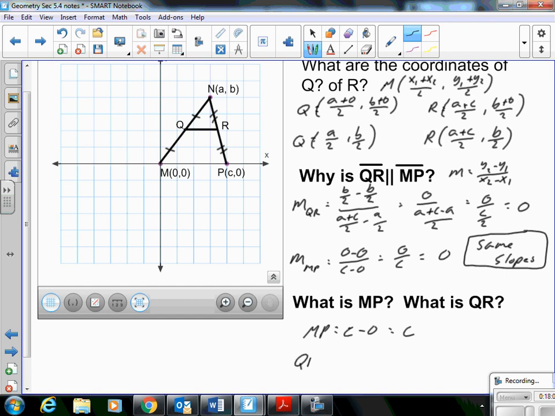And QR, the difference in the x's is going to be a plus c over 2 minus a over 2, or (a plus c minus a) over 2, which those a's are going to cancel each other out. You get c over 2. So c and c over 2, so QR is half of MP.